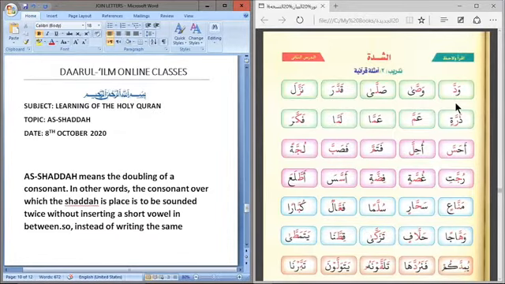So here we have wadda, wassa, salla, qaddara, nazzala, dharratin, amma, amma, lamma, fakkara, ahassa, uhilla, fatamma. Please take note, the mim is the one that has shaddah.